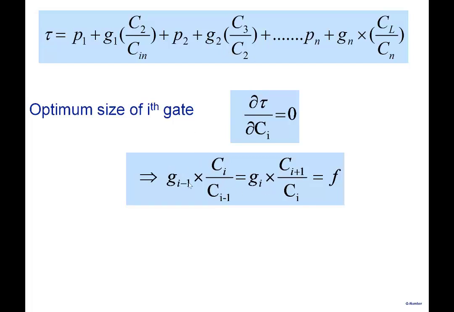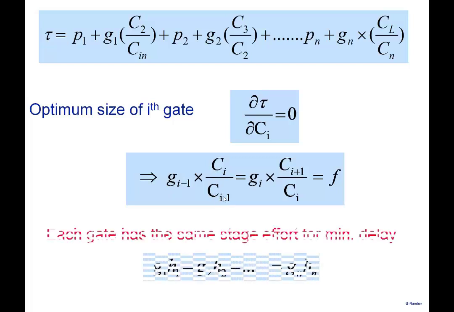So remember, our earlier condition was Wi by Wi minus 1 equal to Wi plus 1 by Wi. It's similar, except that now it's more generalized. Ci and Ci minus 1 are proportional to the size of the transistors here. So we get this here.